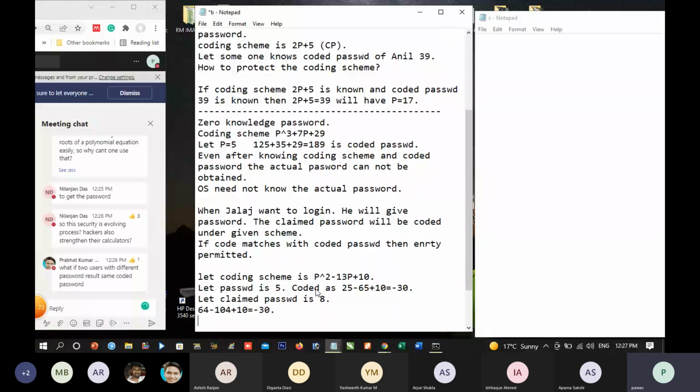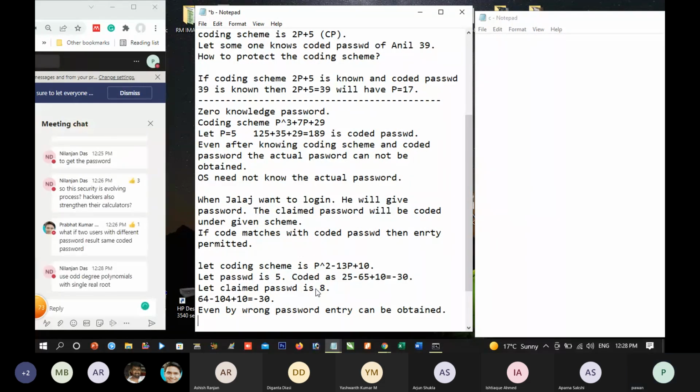What I mean to say is that even with a wrong password, a person can get an entry. Is it correct?